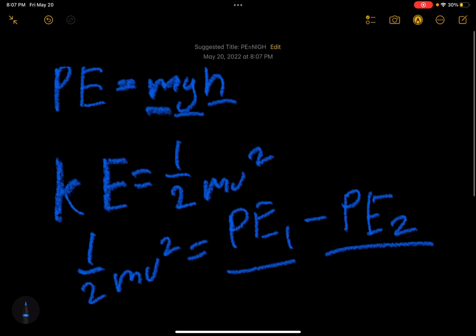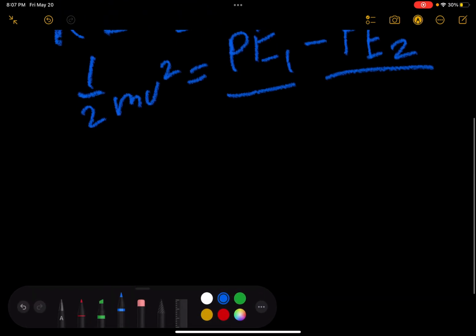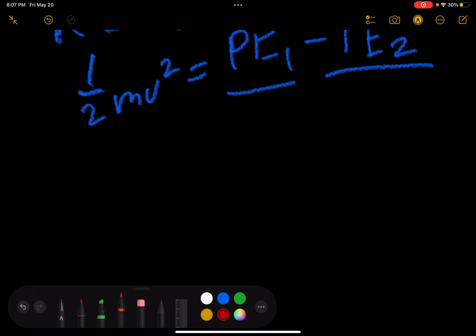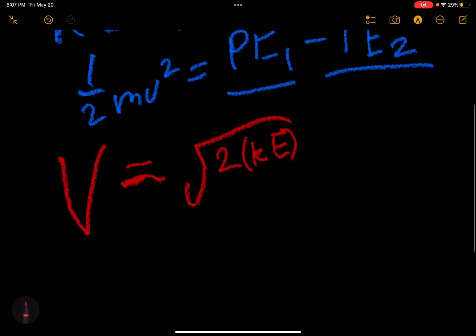So now, knowing these equations. Actually, I'm sorry, there's one more. The important one. Pretty important. What roller coaster engineers use to find velocity. KE. That's one variable. That looks like two variables, but this is basically one variable. Alright?